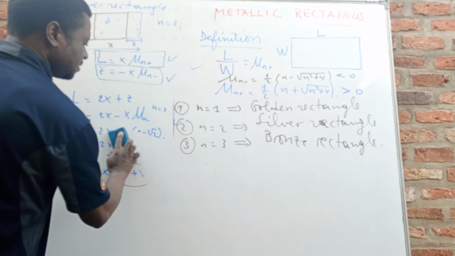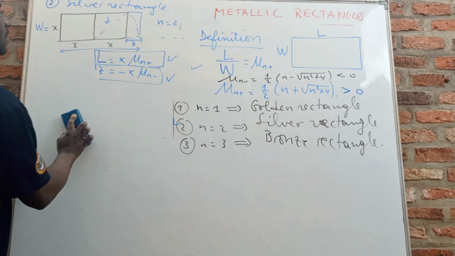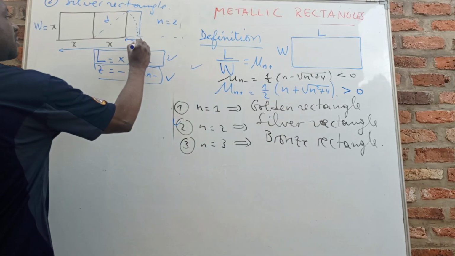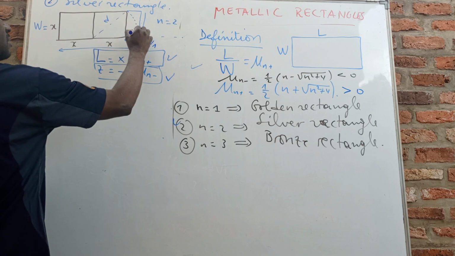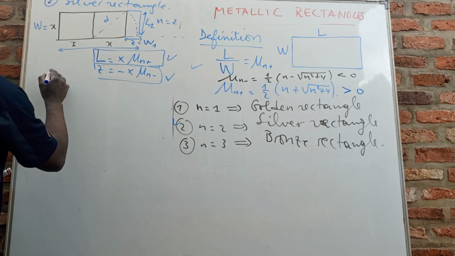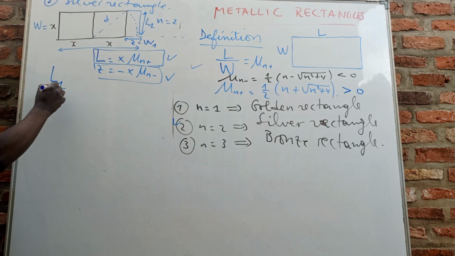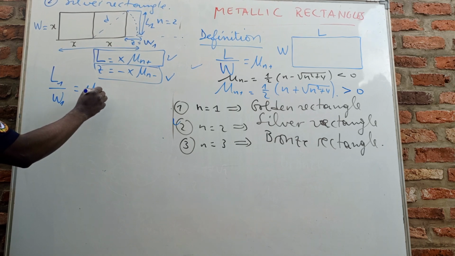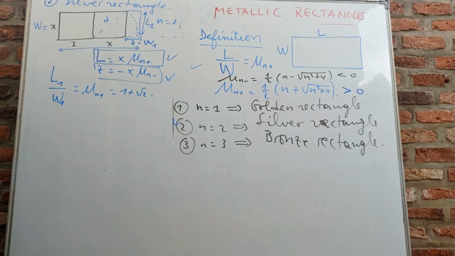Let us do it very quickly. Of course, we can also prove that if we set this as the new width, width number 1, and this as the new length, we can see that the ratio L1 over W1 is equal to the silver ratio, which is 1 plus square root of 2.